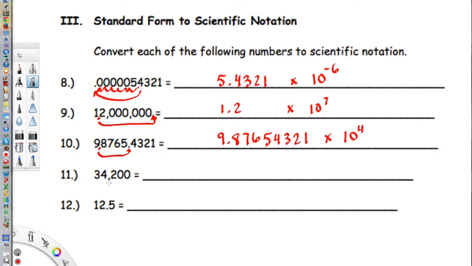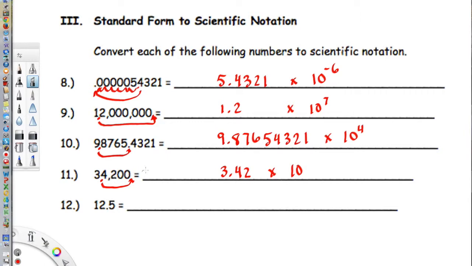Let's look at number 11 here. I have to use these 3 digits, the 3, the 4, and the 2, to make a coefficient that's between 1 and 10. So I have 3.42 times 10. I need to get this decimal point back to its original place, which would be past the 4, 2, 0, 0.